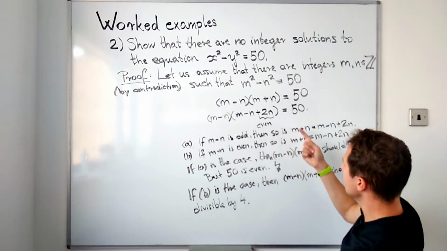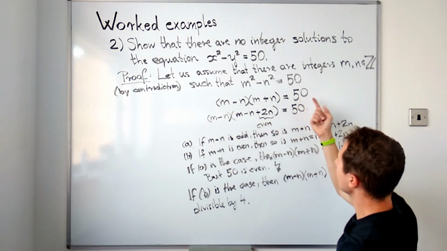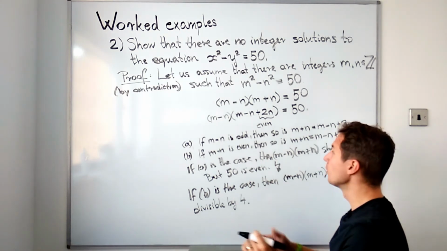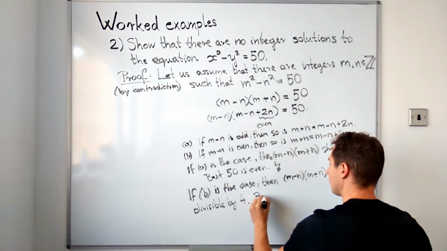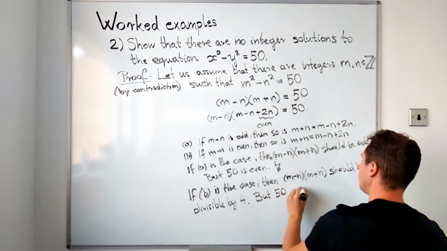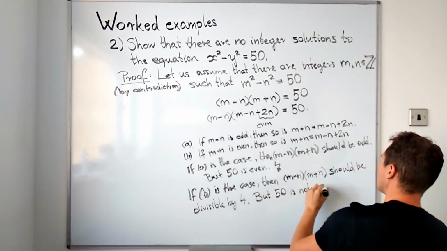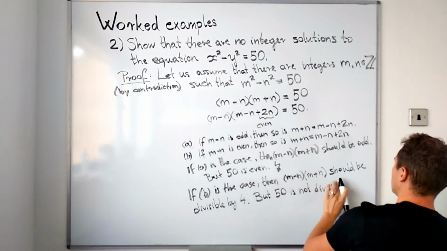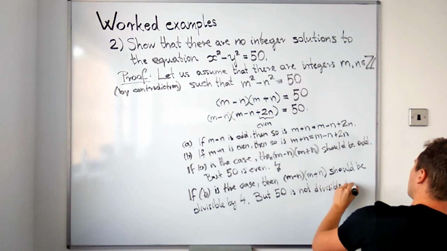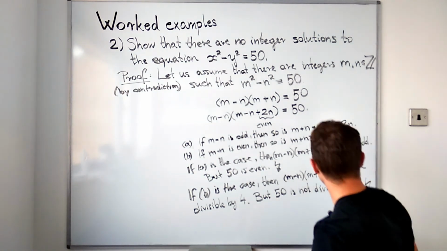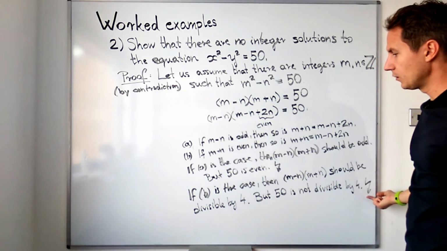The contradiction is that the product that we actually get, 50, is not divisible by 4, it's only divisible by 2. So in this case, we again reached a contradiction.